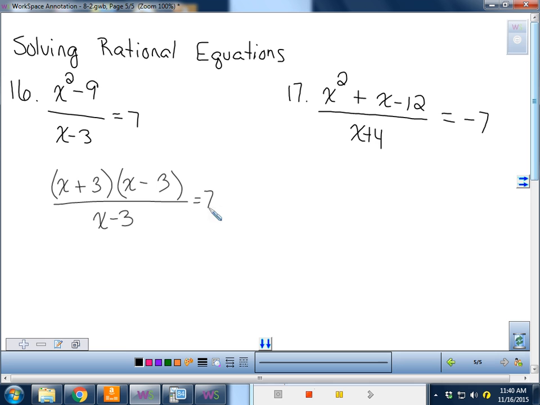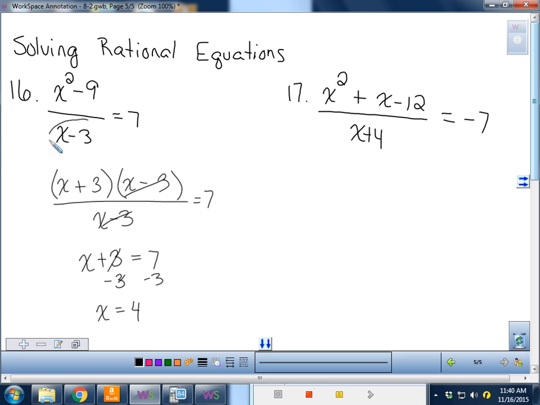The reason that's helpful is because now you can cancel these factors. So I have x plus 3 equals 7. So now all I have to do is subtract 3, and x equals 4.